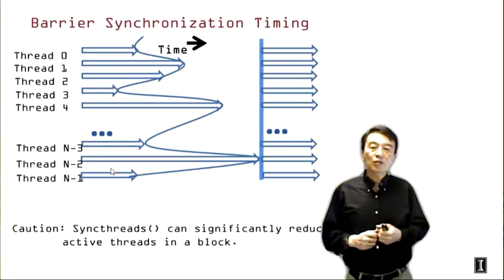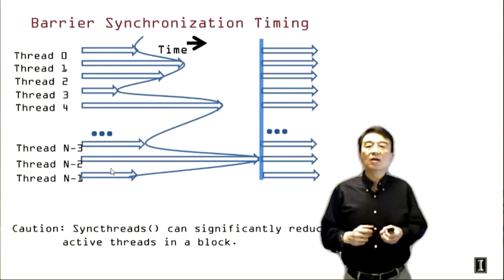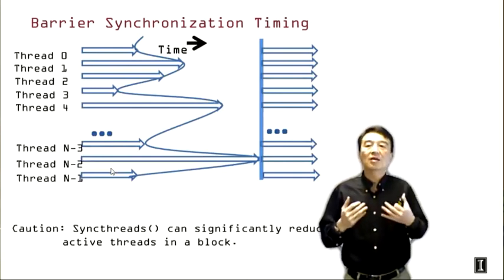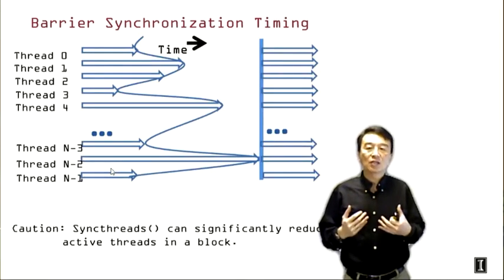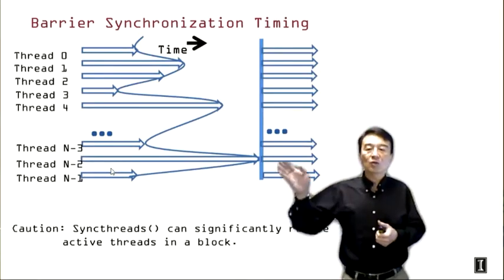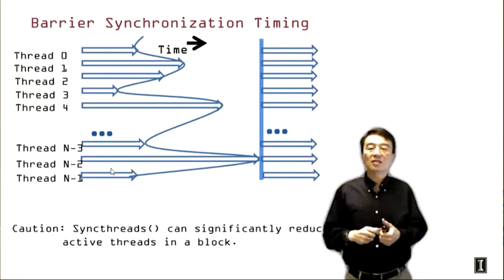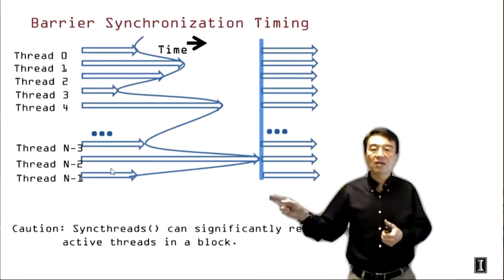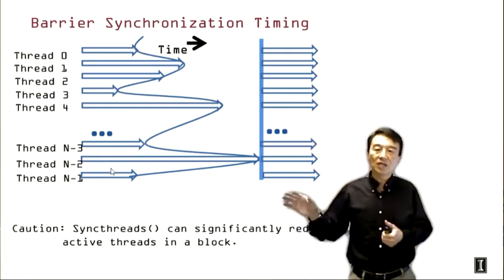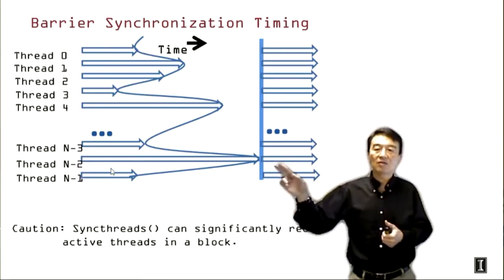So this picture is what I would like you to remember in your head about barrier synchronization. Here we show that there are n threads, thread 0 through n-1, and they all execute some kind of activity in different amounts of time. Some threads may take a shorter amount of time to finish. Sometimes threads may take a longer amount of time to finish.